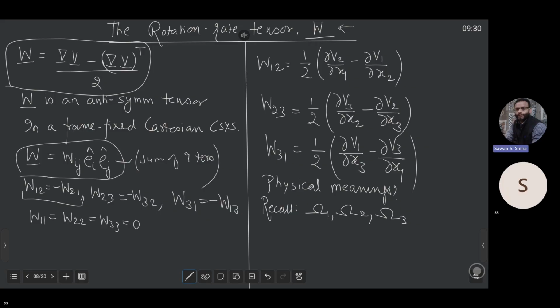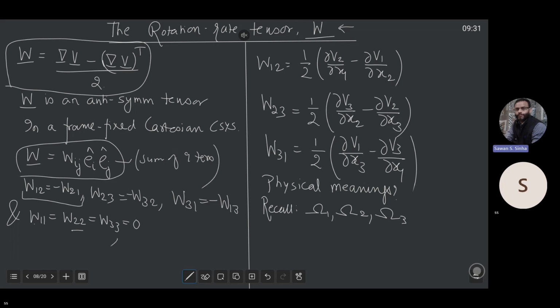You can verify. And W11, W22 and W33 will be all 0. That happens for any antisymmetric tensor.